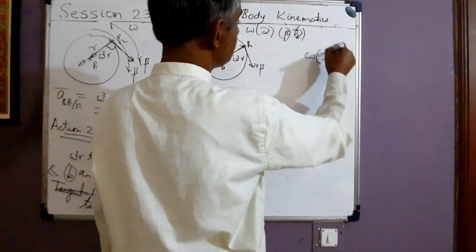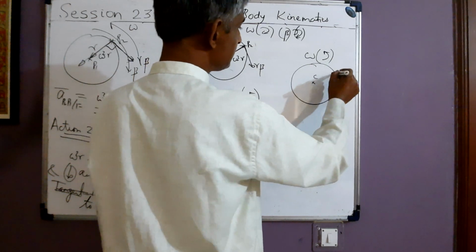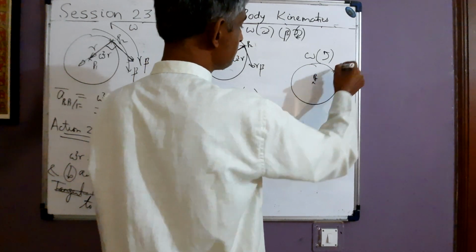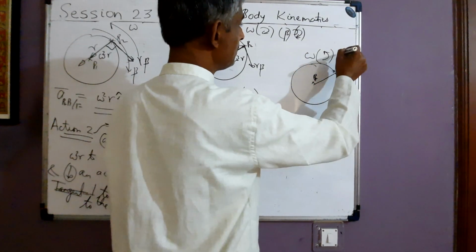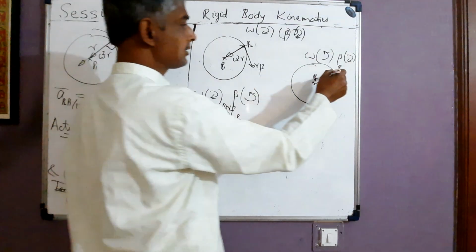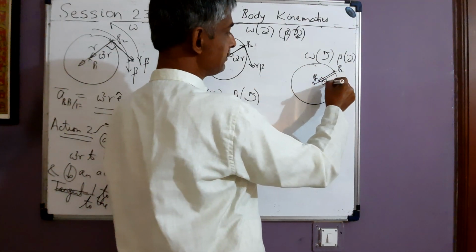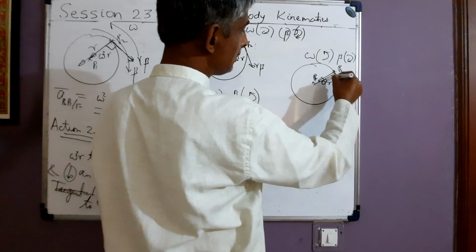Suppose omega is anti-clockwise. This is the center P1, this is P2. In this case, beta is clockwise. Omega square is always towards P1. Beta is clockwise, so r beta will be in this sense.